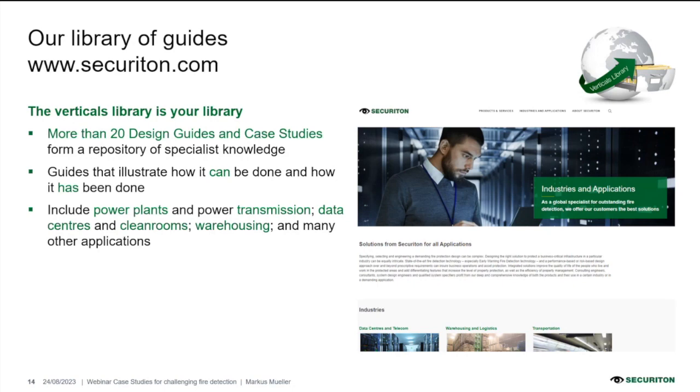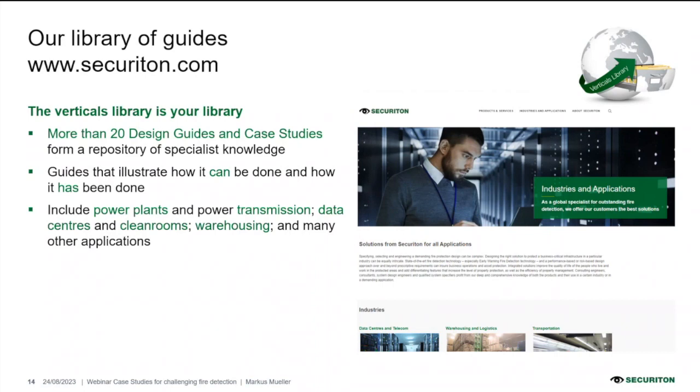Where we say a design guide usually covers a whole industry, such as warehousing and logistics, or clean rooms and otherwise controlled environments, or transport hubs, mass rapid transport hubs. Whereas a case study is a bit more focused on a particular application. For example, belt conveying systems or recycling plants or animal sheds.